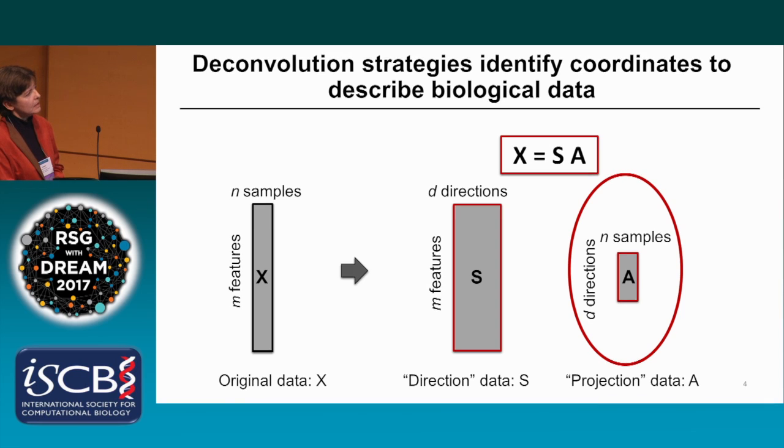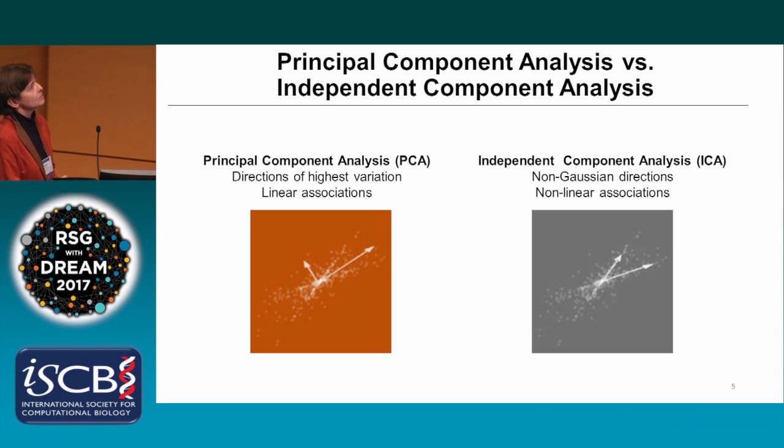And then, if the directions are more reliable for interpreting the data, do the mining within this projection. So, two basic methods for deconvolution are perhaps well known among computational biologists. The first one, principal component analysis, is the most used method for data deconvolution.